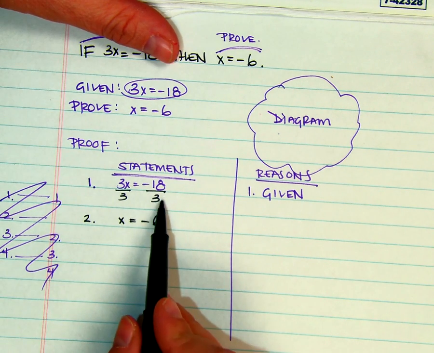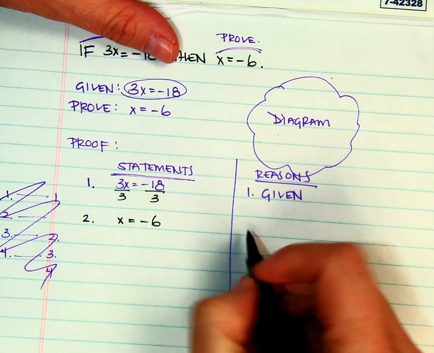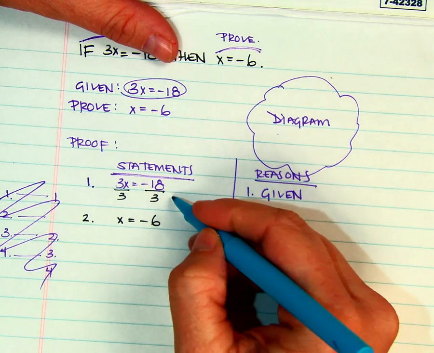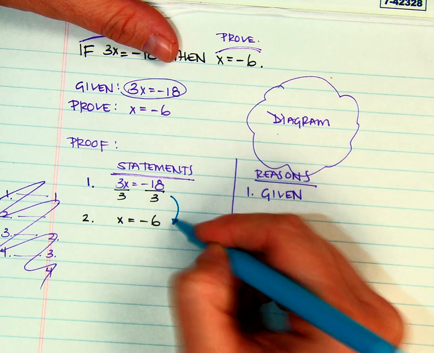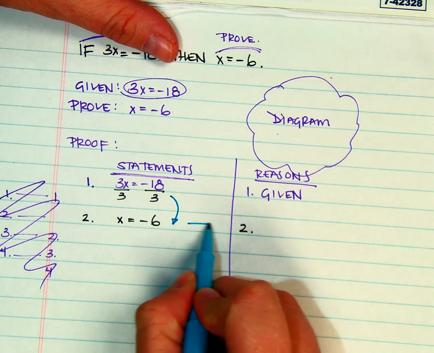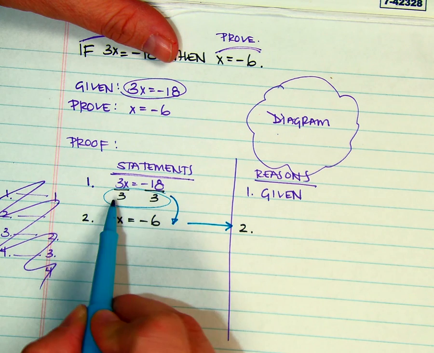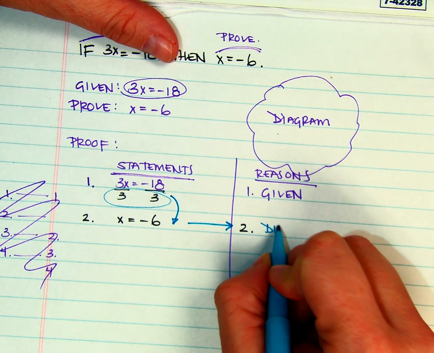So the work is not part of a statement. I'm going to put my reason number 2. So what you have to look at is, what did I do here to get to here? That is my reason.